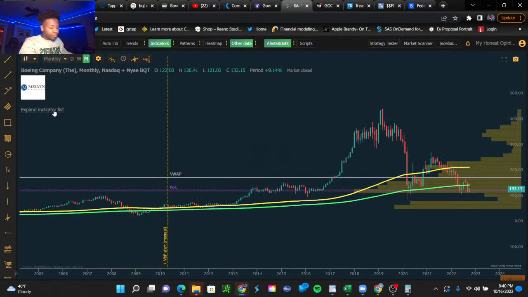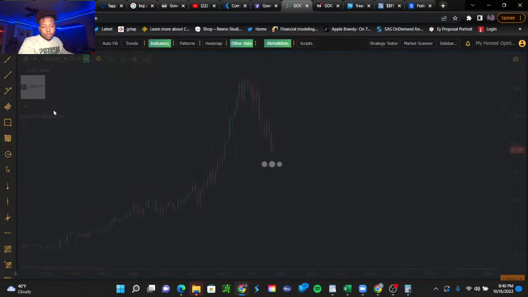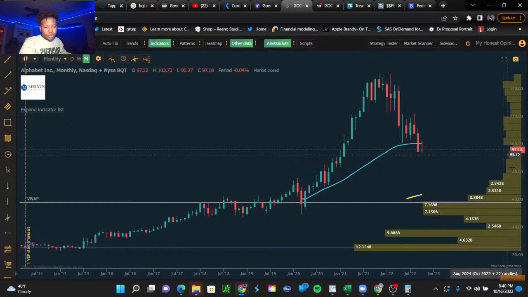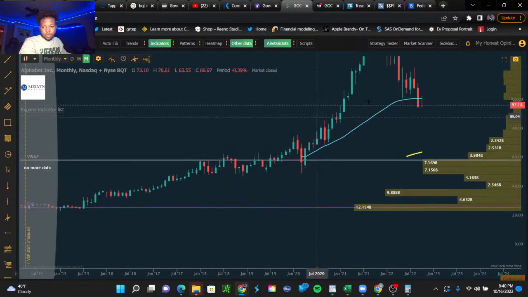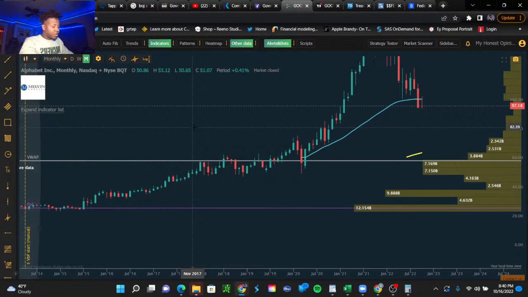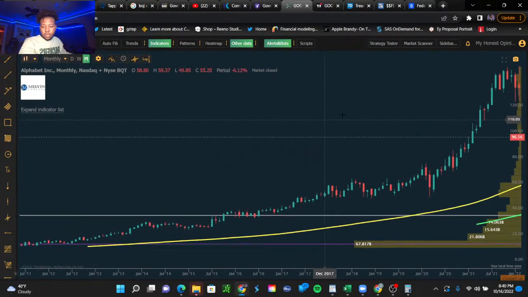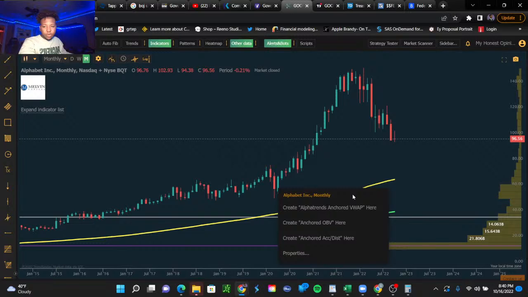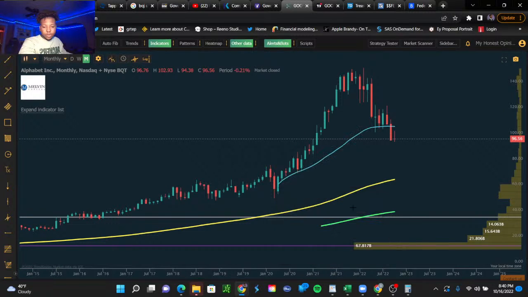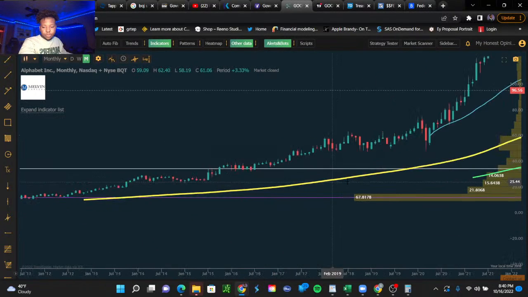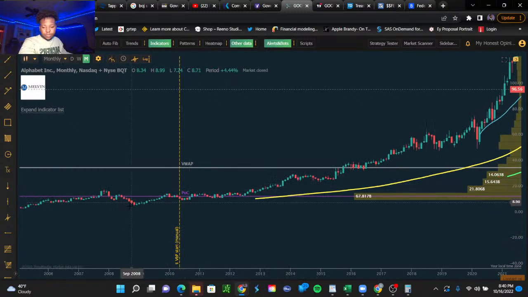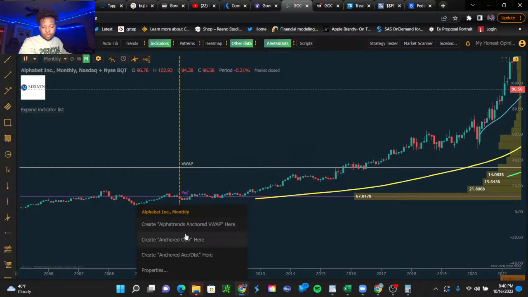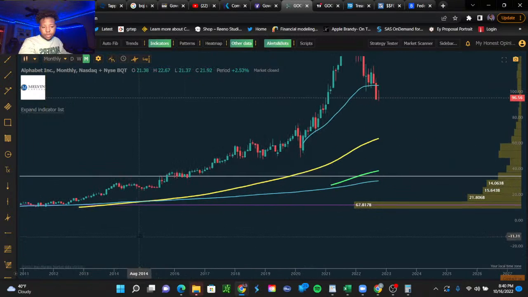Actually, it says support here, so under here, well, it already did, but you know, you want to put an AVWAP on here under that, you know, tech bubble, bottom around here, the AVWAP on that, too low.